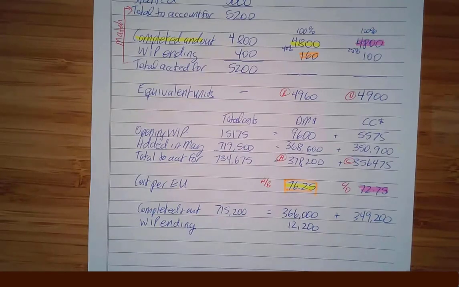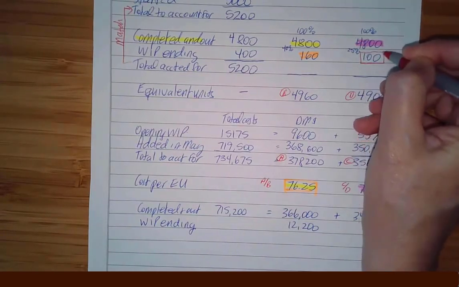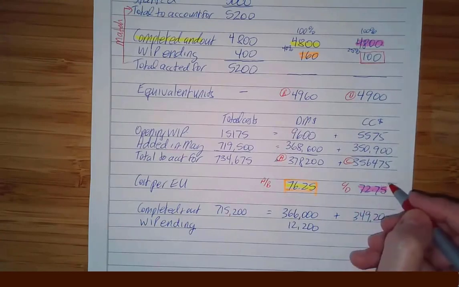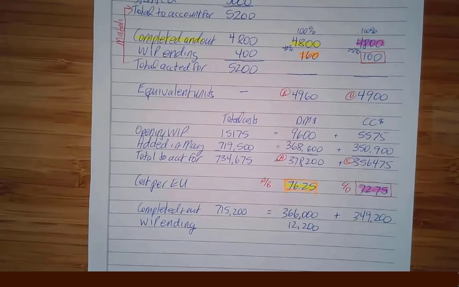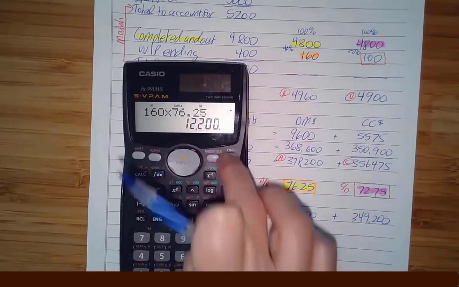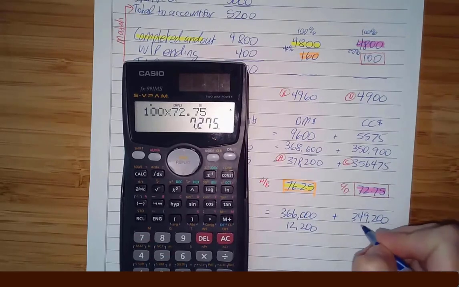I now have to do the same for the conversion costs. So we've got 100 units where I have to value them. I'm going to multiply it by the cost per equivalent unit for conversion costs, and that will help me to determine what is the conversion cost that I have to allocate to the work in progress ending. 100 multiplied by 72.75 is equal to 7,275.